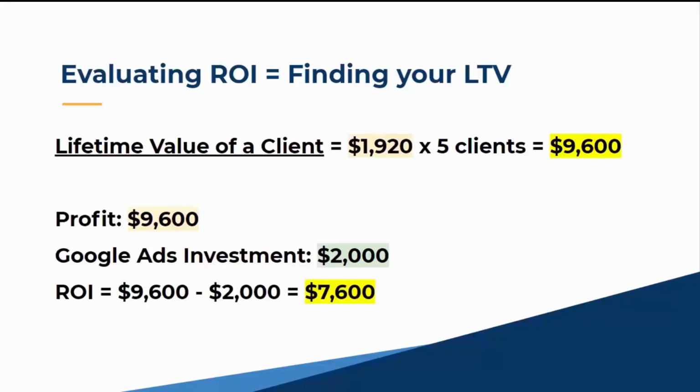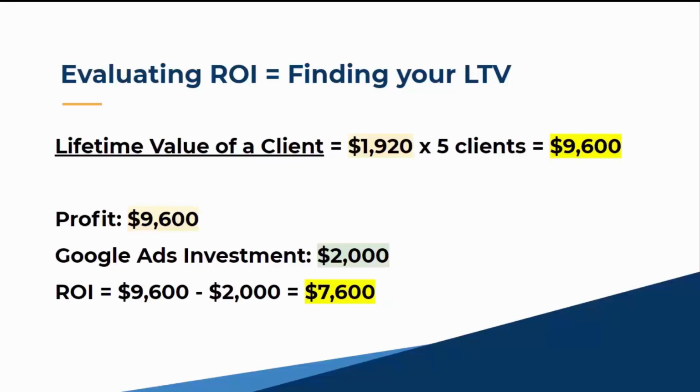So her profit was $9,600, because remember, we're calculating this based on the net profit already. Now, you take that minus the Google ad investment, and the ROI is $7,600, right? So 9,600 minus 2,000 equals $7,600.